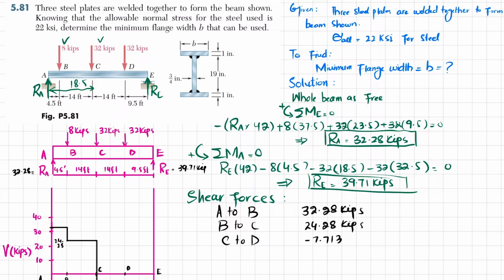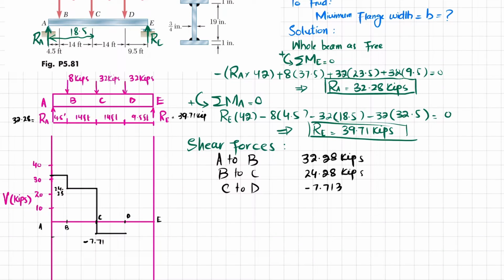From C to D the load is the same, so I will draw a horizontal line. Now at point D we can see that we have a load of 32 kips. So minus 7.71 and minus 32 will be equal to minus 39.71. So this is 20, 30, and this is 40, so it will be somewhere here. So the load from D changes to minus 39.71.